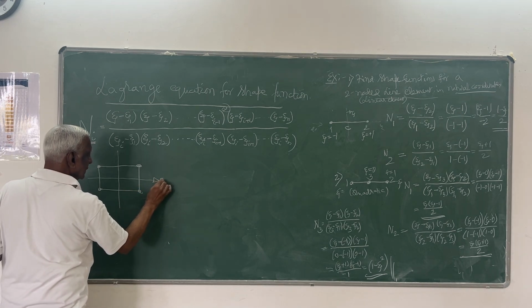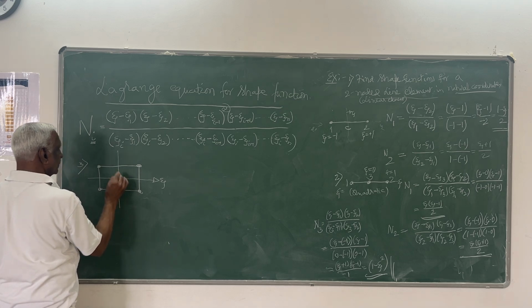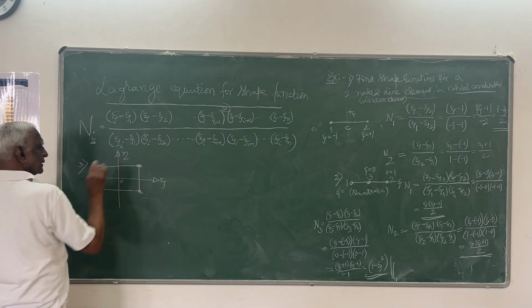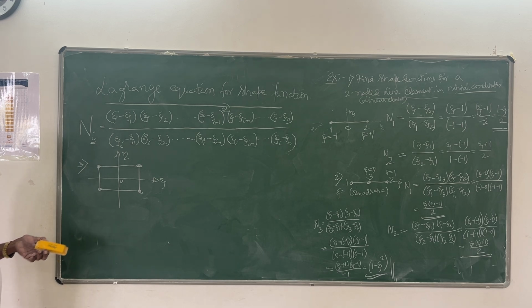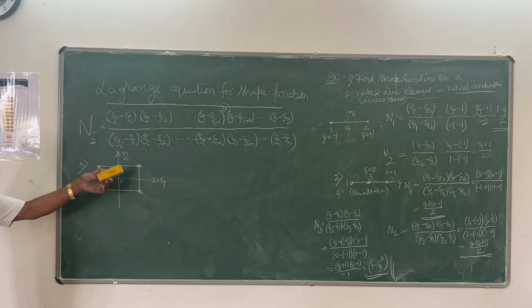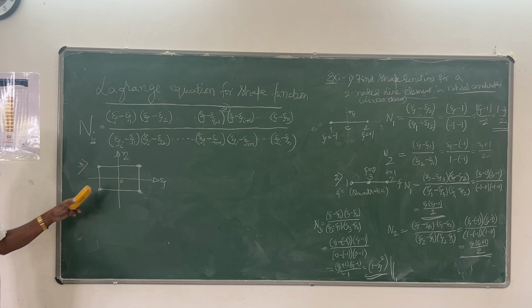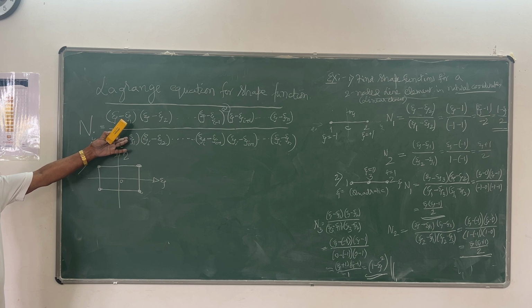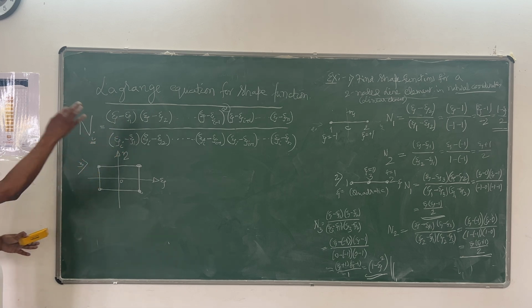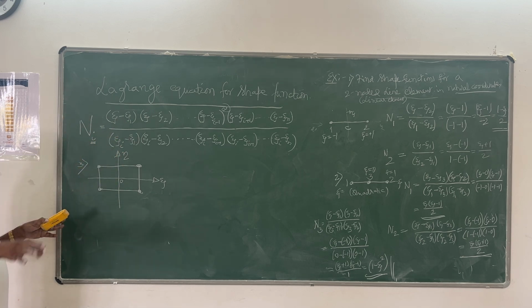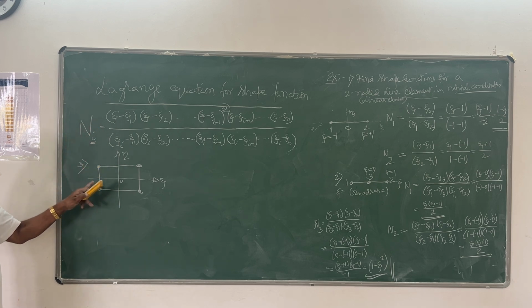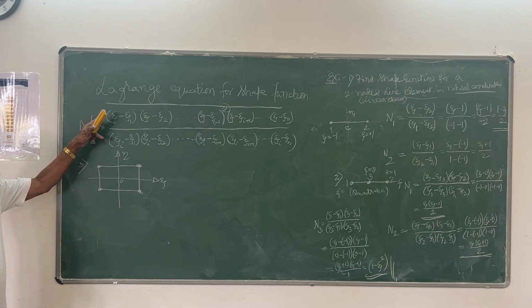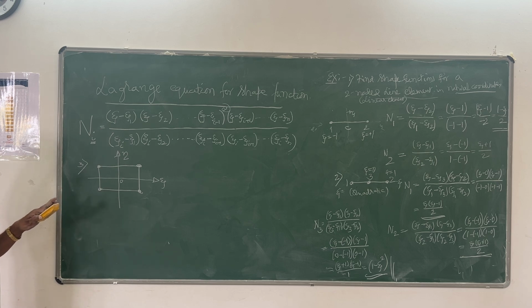So this is center point. This is how the natural coordinate of a two-dimensional, because in the syllabus it says two-dimensional also. Lagrange shape function for two-dimensional. It's only one dimension, others. But shape function, when they told Lagrange equation, they say two-dimensional, one word is there. So that's why I took this, so that it completes everything.